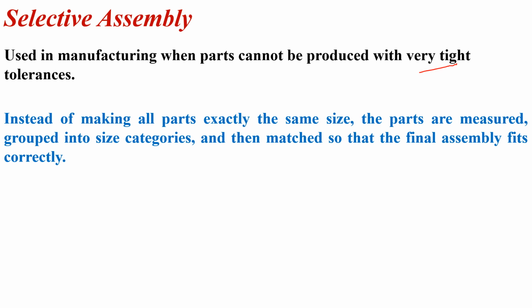After that, each part is matched so that the final assembly fits correctly. So in selective assembly, we are not making the parts with tight tolerances, but based on their dimensions, we group the parts and make an assembly with respect to their sizes. In selective assembly, we do not select the mating parts randomly.